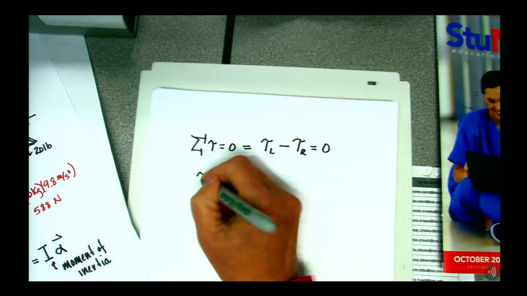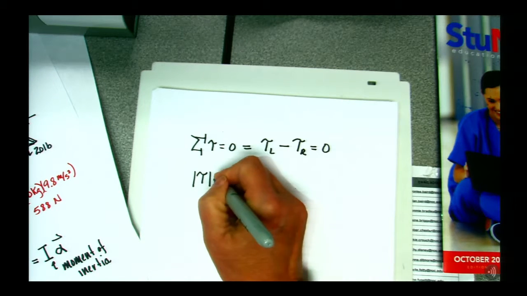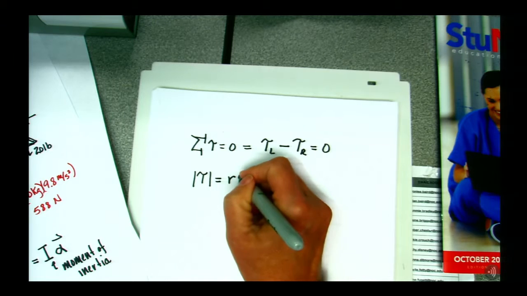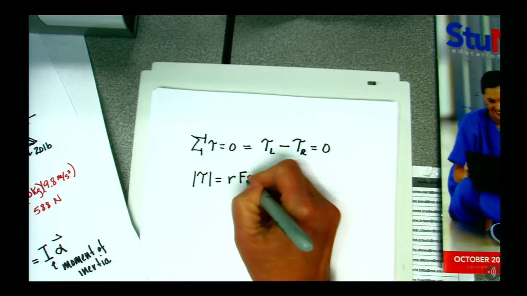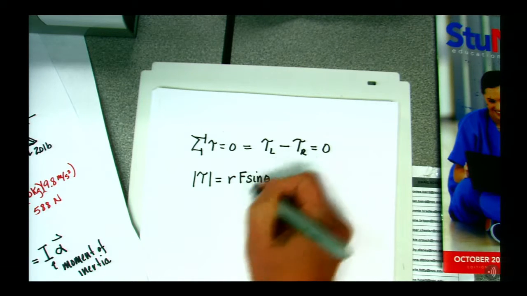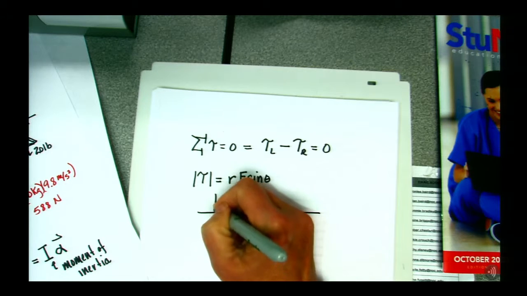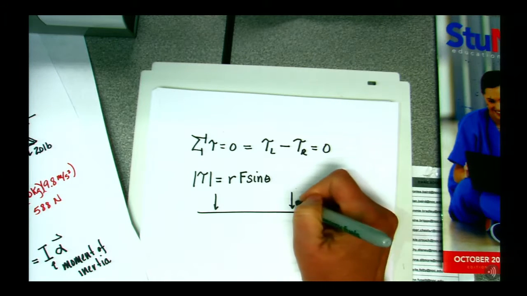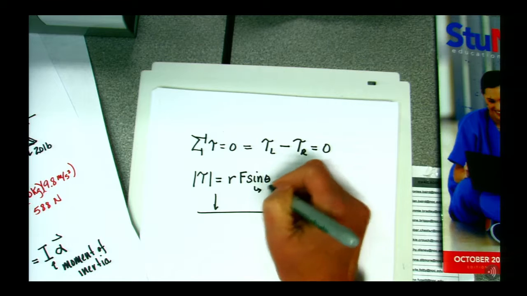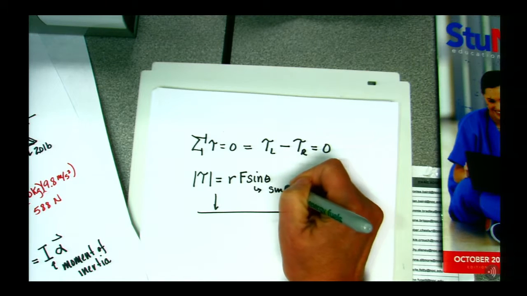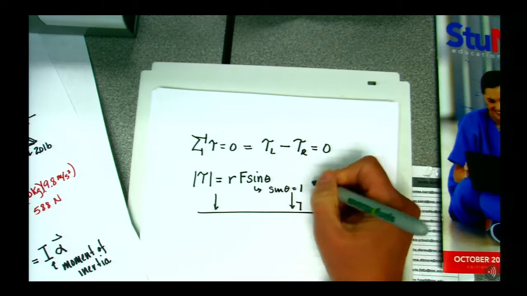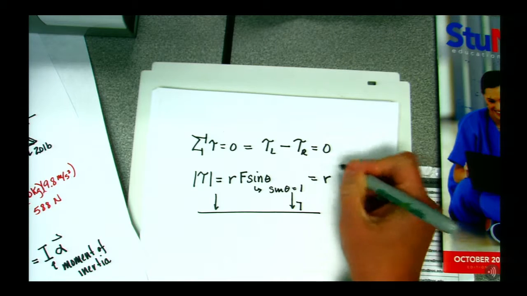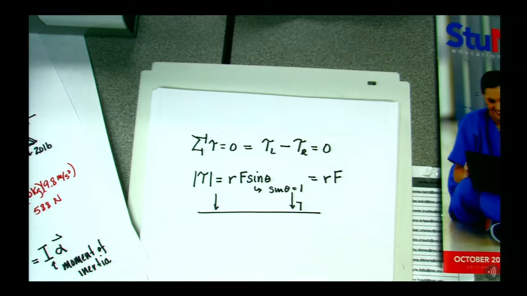And we said the magnitude of the torque is going to be r times the force times the sine of the angle. But if I'm dealing with my teeter-totter problem, the sine of the angle is the sine of 90 degrees, which equals 1. So the magnitude of the torque is going to be the lever arm times the force.